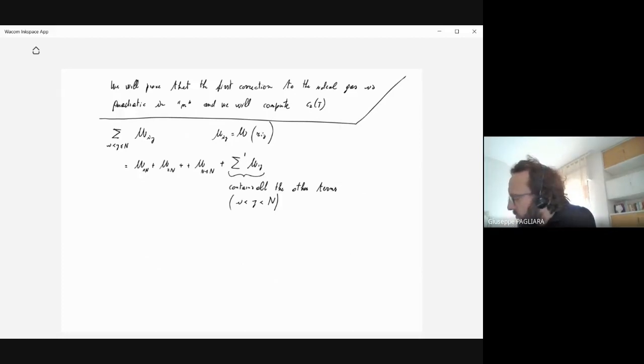So when I do the exponential of these, I have e to the minus beta sum from i less than j less equal n of u_ij.